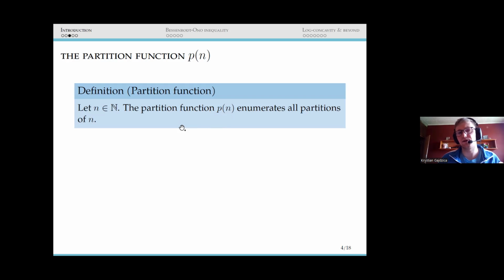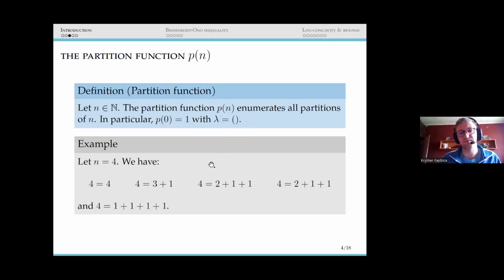It is also worth underlining that p of 0 equals 1 because we have the empty sequence. So in our previous example, p of 4 equals 5.